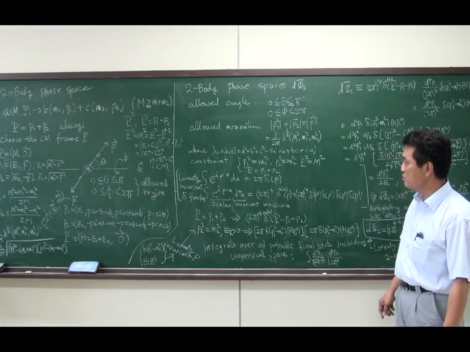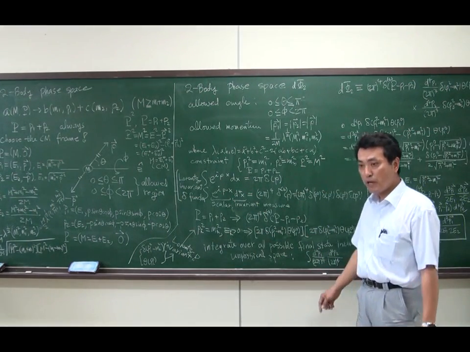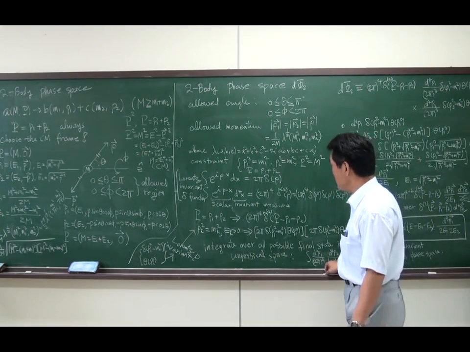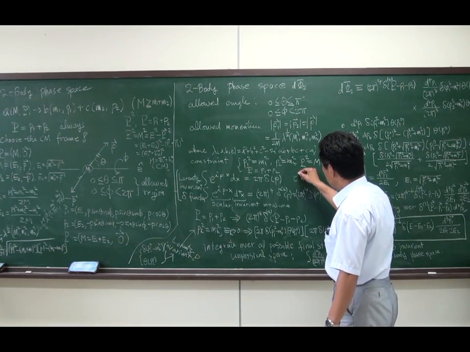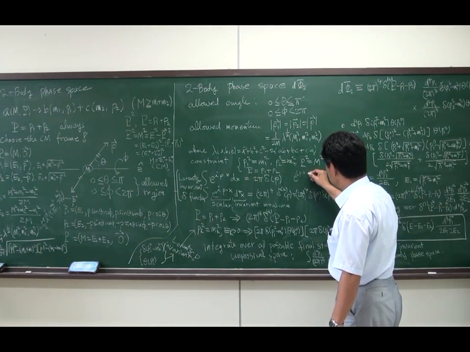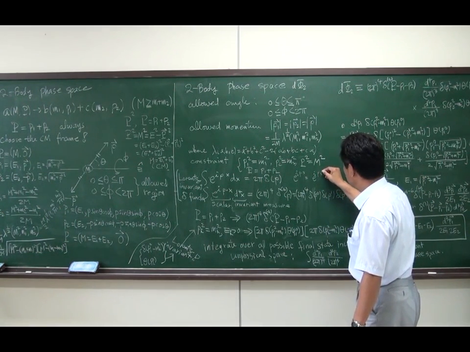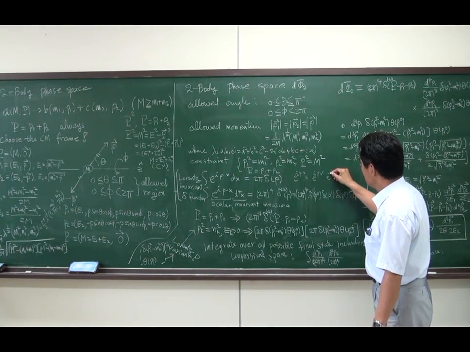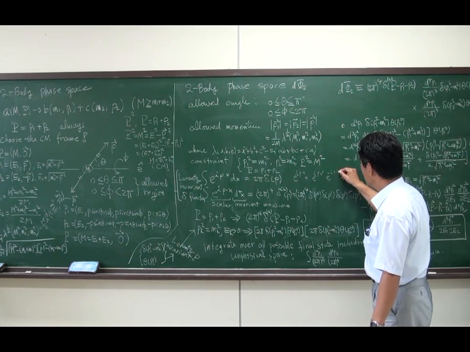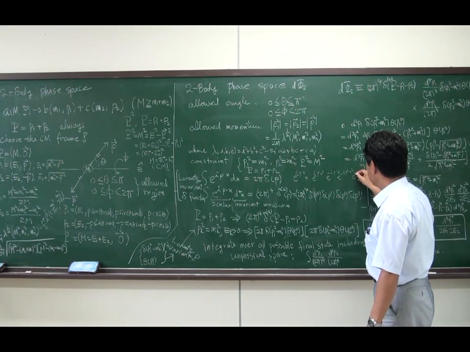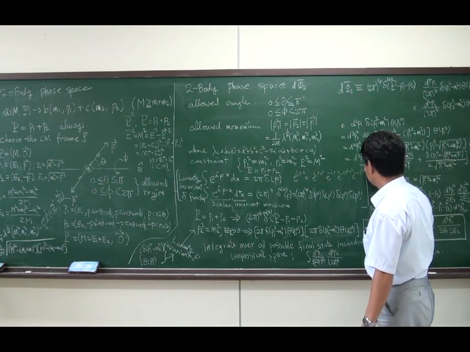If we generalize this to four-dimensional space, i p dot x is i p0 x0, e to the minus i p1 x1, e to the minus i p2 x2, and e to the minus i p3 x3.